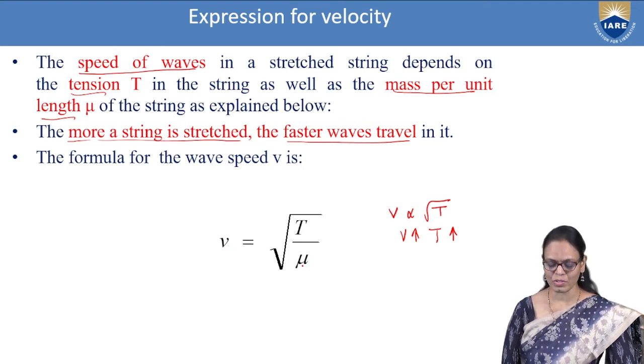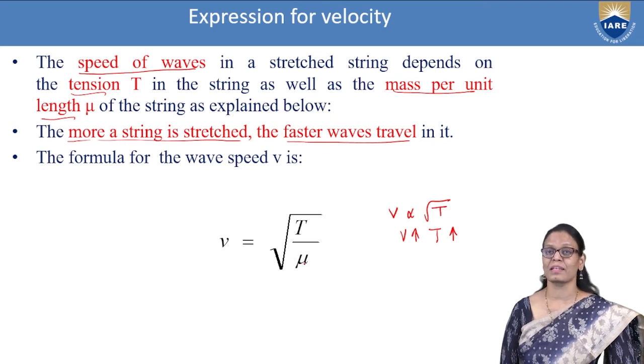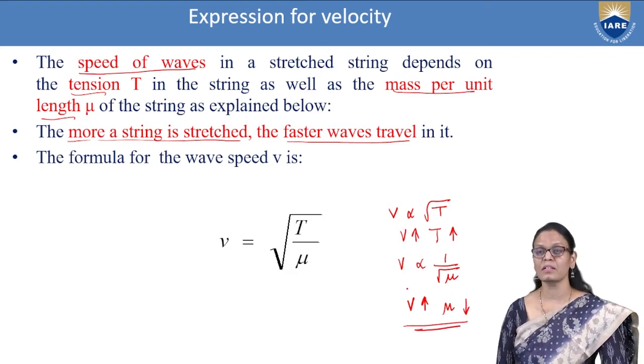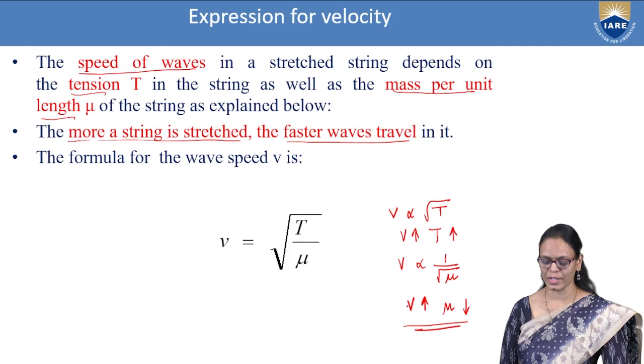It also, of course, depends upon the mass per unit length. Because it is inversely proportional, 1 upon under root mu, if mu is less, the velocity will be more. So the lesser the mass per unit length, the faster the wave moves, or the greater the velocity.